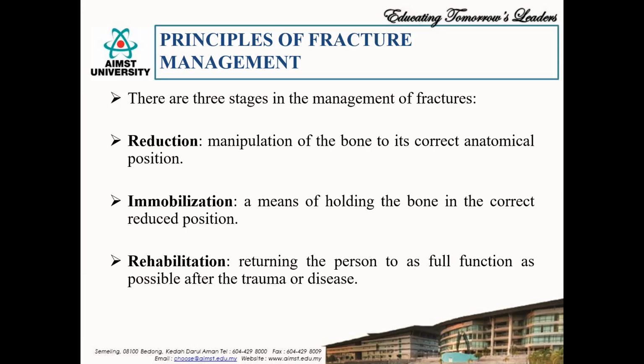So in the first two stages, our role is not that important, but it is there. But in the rehabilitation stage, our role is the only thing that is needed for the patient, right?